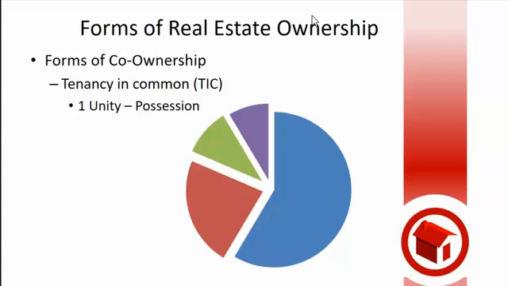I want you to think of a TIC as a pie. It's easy to look at it as a pie, because what you could have are different sizes of pie. You can have different shapes.